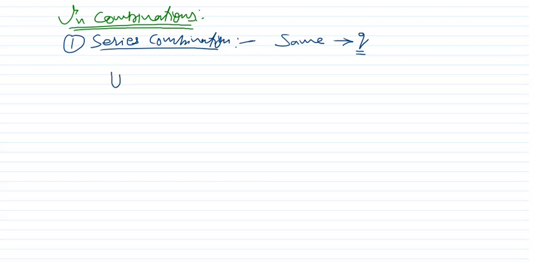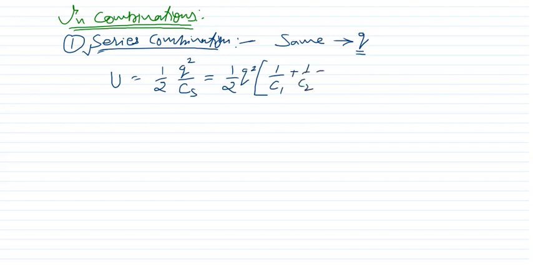As U is equal to 1 by 2 Q square by C, and we know that in the series combination, if this is the CS equivalent capacitance, then it will become Q square by CS, and what is the CS? 1 upon CS was equal to 1 upon C1 plus 1 upon C2 plus 1 upon C3 plus so on.